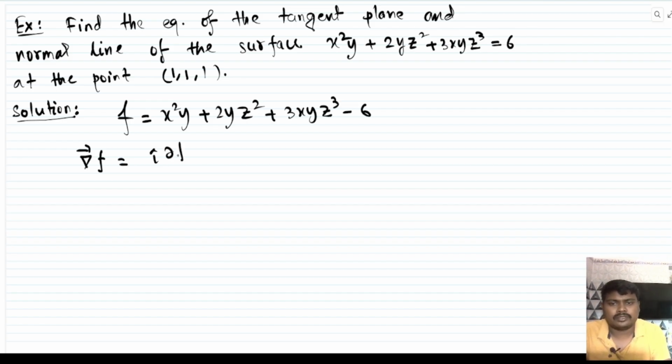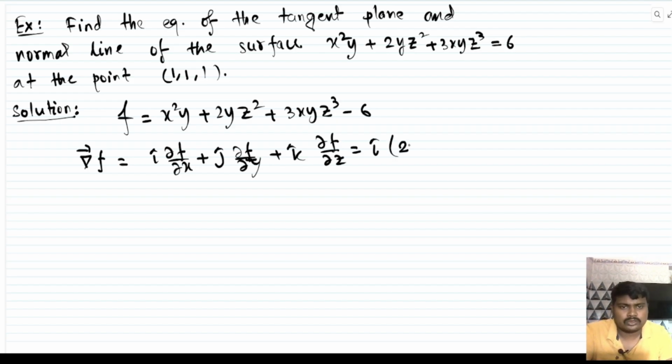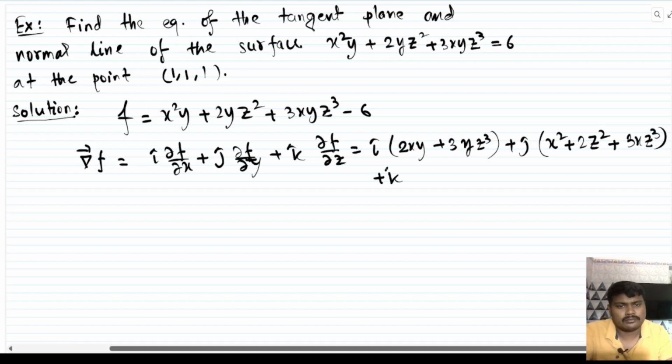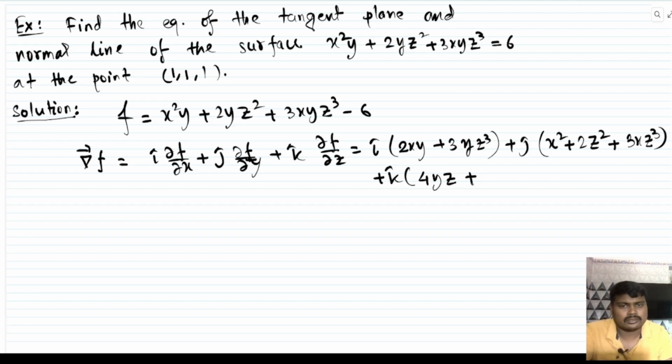It is equal to i ∂f/∂x + j ∂f/∂y + k ∂f/∂z, which is equal to i (2xy + 3yz³) + j (x² + 2z² + 3xz³) + k (4yz + 9xyz²).